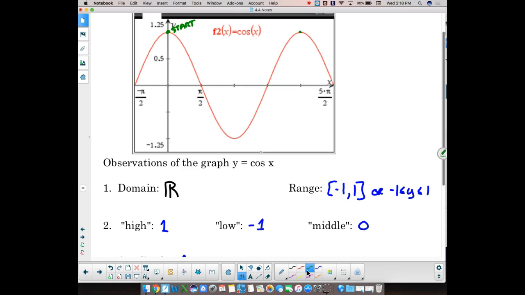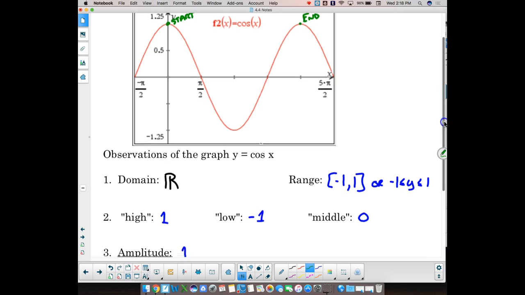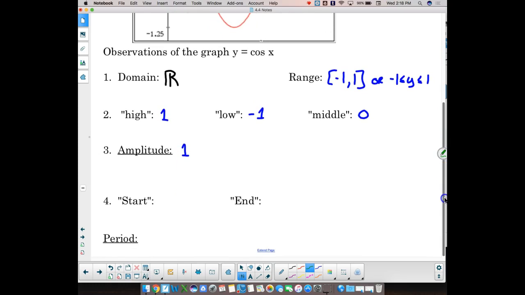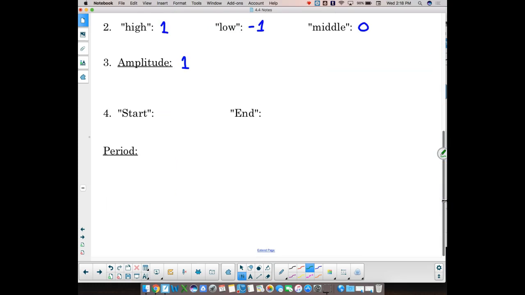And the end then would be there. So in terms of horizontally, what x value does it start at? 0. What x value does it end at? 2 pi, which means the period is 2 pi. Horizontal distance to make one complete wave.